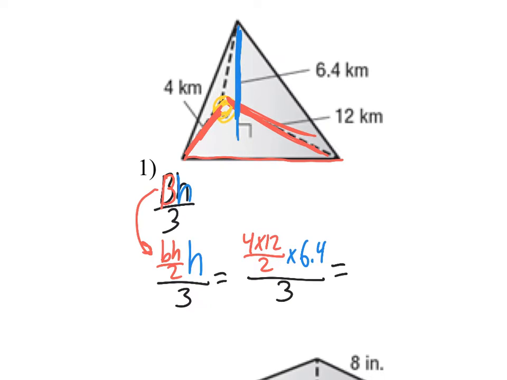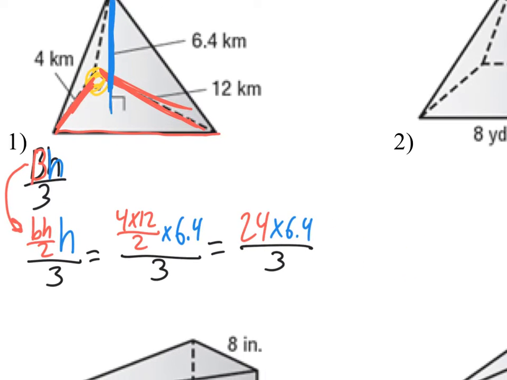So 12 times 4 isn't too bad. That's 48. And 48 divided by 2 is going to be 24. So my part there in red comes out to 24 times the 6.4. And again, we have to divide that by 3. 24 times 6.4 is going to be 153.6.